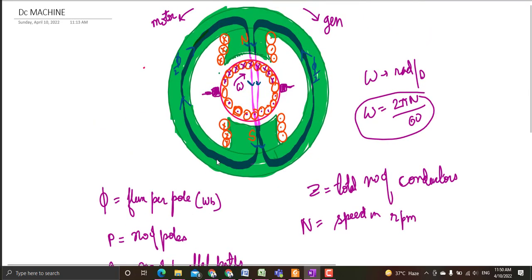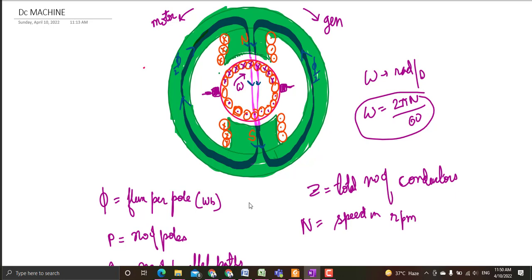The number of parallel paths depends on how the winding in the armature is arranged. There can be many types of windings: simplex, duplex, wave winding, or lap winding. There are two main types of winding: lap winding and wave winding.